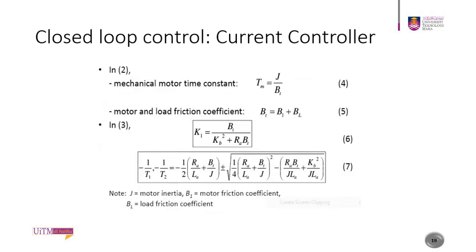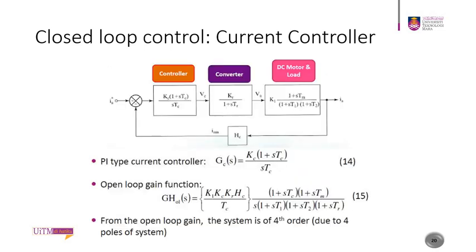This will be the mechanical motor constant, and you have this function. And for that we have the current controller function. So this will be the PI type current controller. You have your open loop gain here. So the system is in the 4th order.